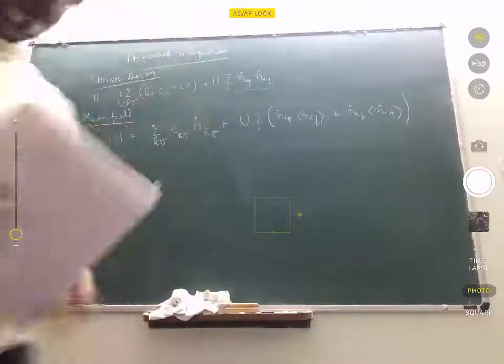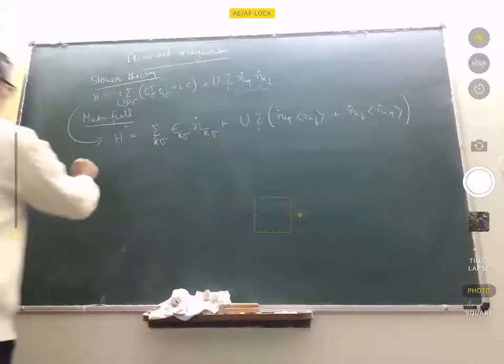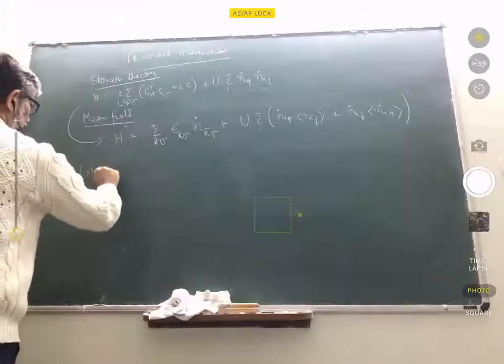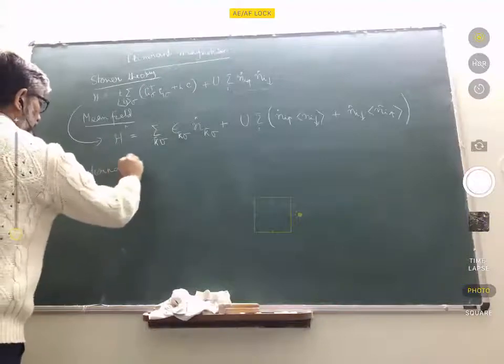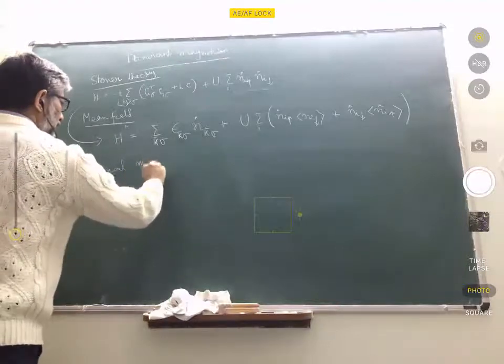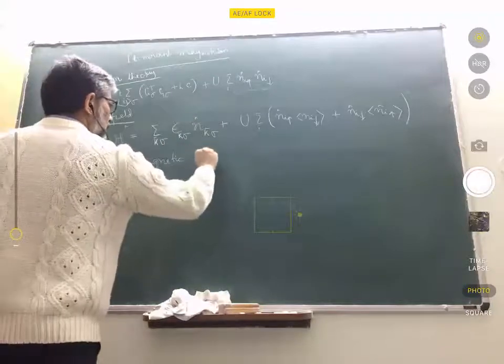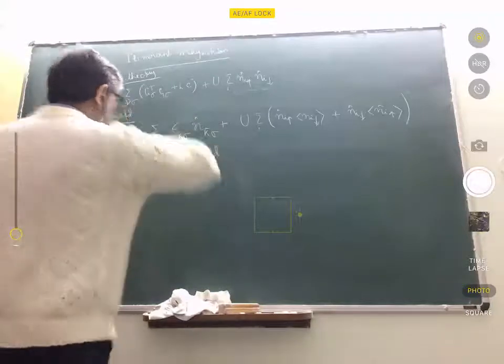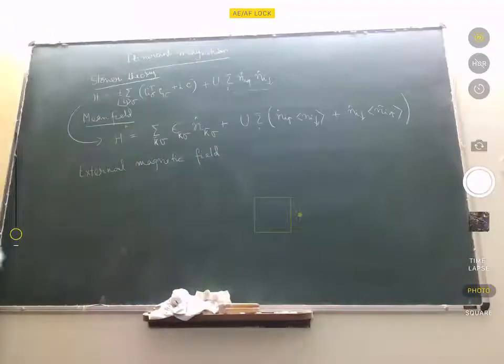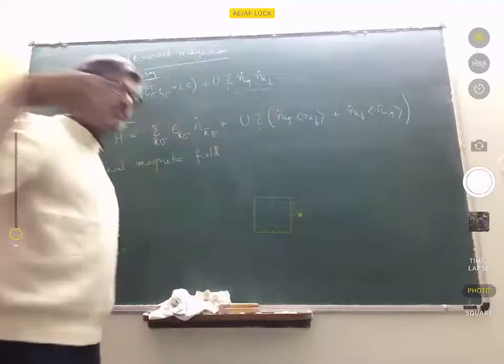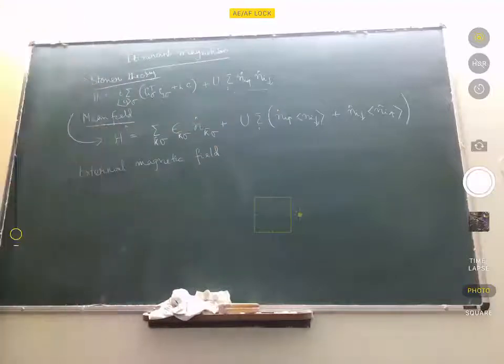We also now assume that there is an external magnetic field, let's say, which generates a certain spin density at each site.